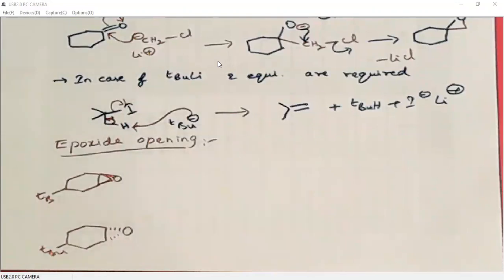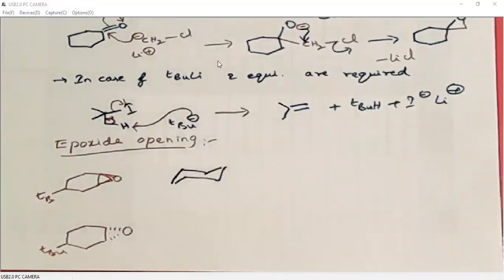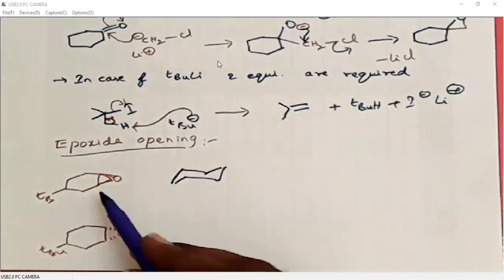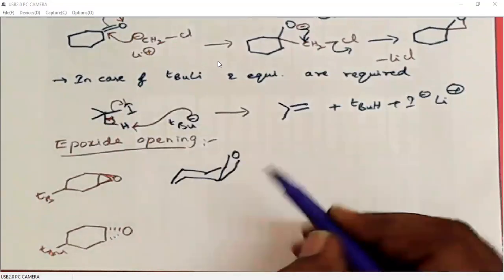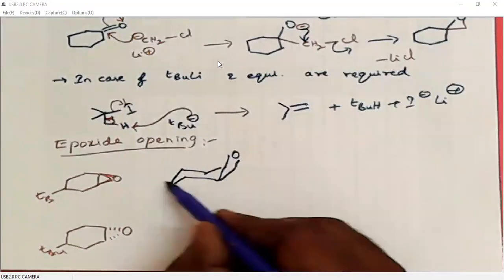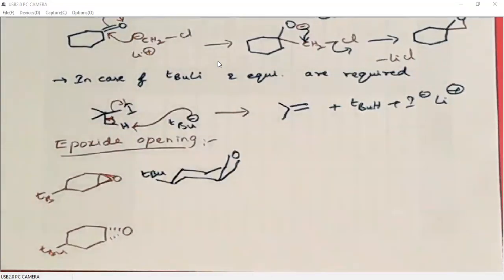Okay, right. So when we have six-membered rings, we must explain the stereochemistry using the chair conformation. Since it is above the plane, the epoxide will be like this. Of course, the tertiary butyl group must always be in the equatorial position, whether the stereochemistry is given or not.